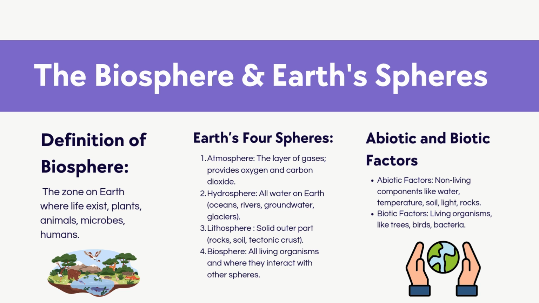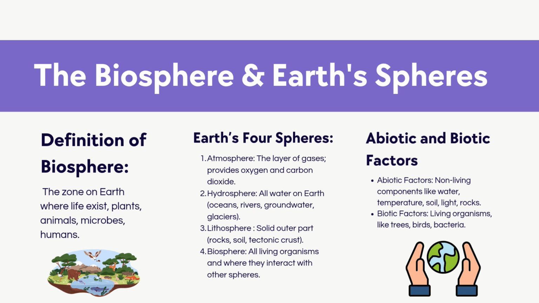Abiotic factors, non-living things like water, temperature, and soil, affect where life can exist. Without abiotic factors, humans and anything living won't be able to live there. These all work together with biotic factors, plants and animals, to create a life-supporting ecosystem.